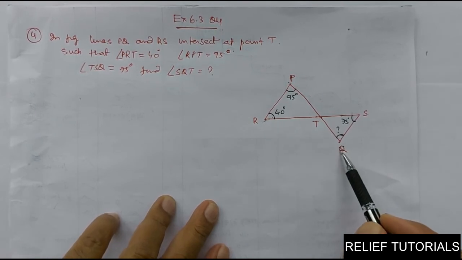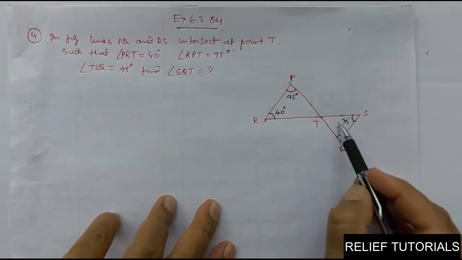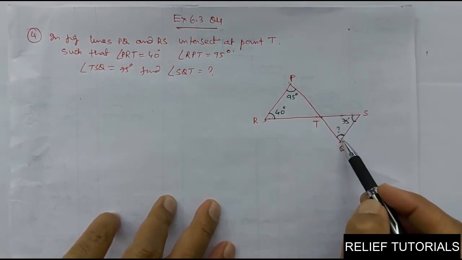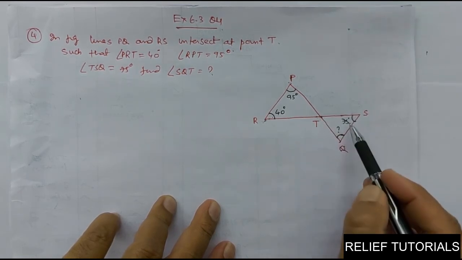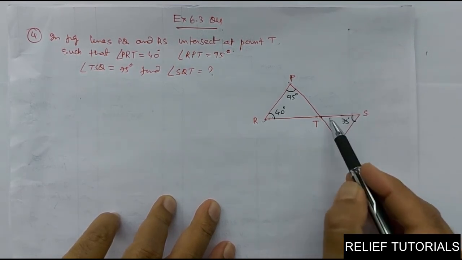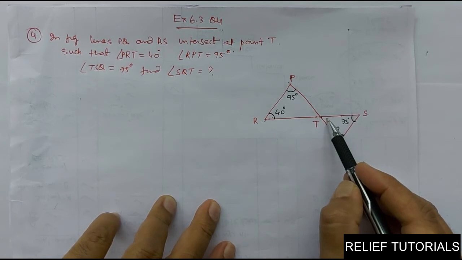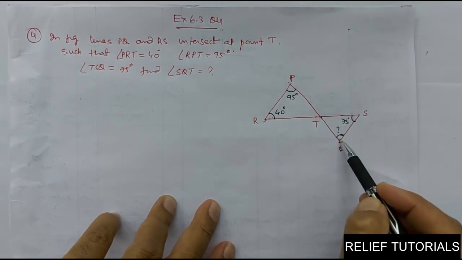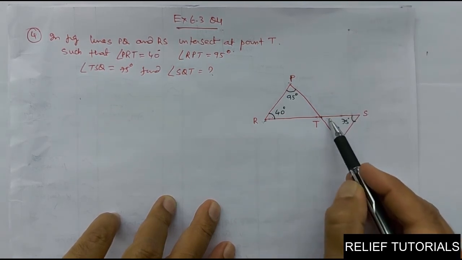So come here. In this triangle, this angle is unknown, which we have to find out. Here you have only one angle. If we get this second angle, then you have two angles, so you can find the third angle of a triangle by the angle sum property. So you require this angle.